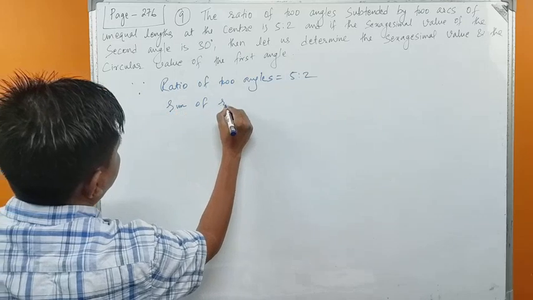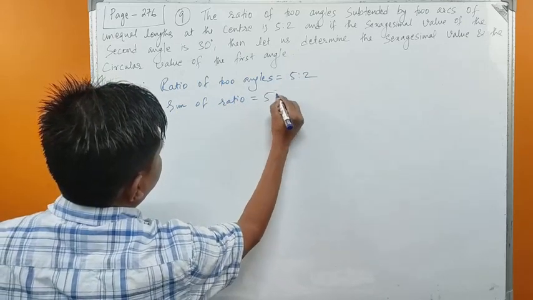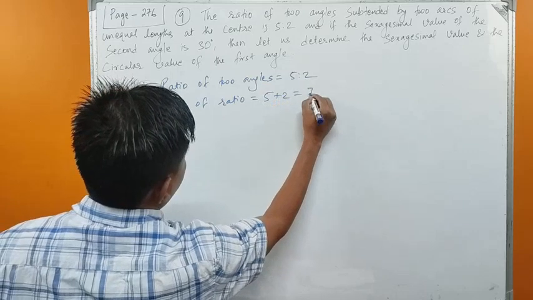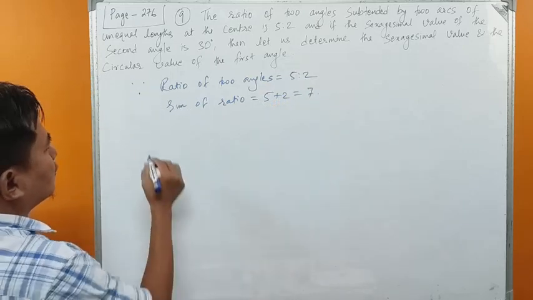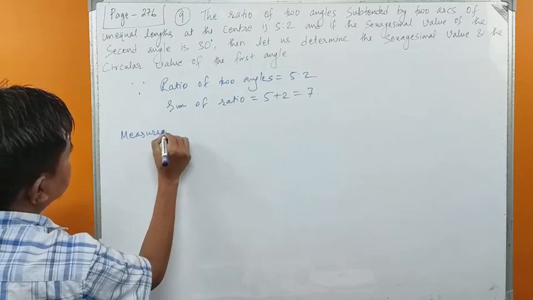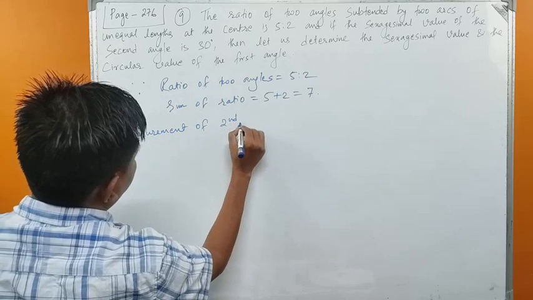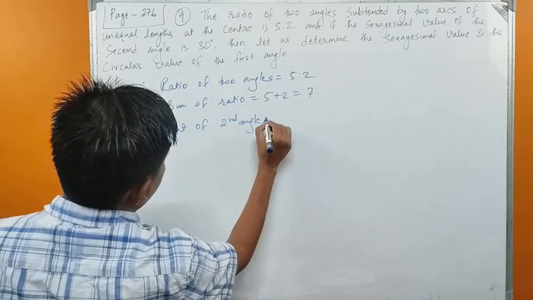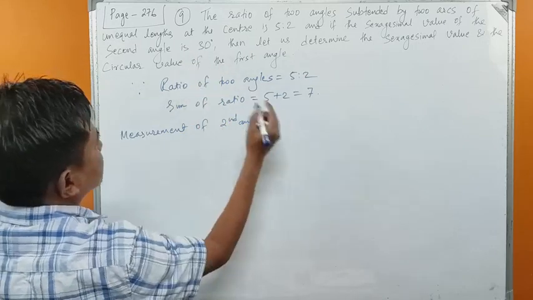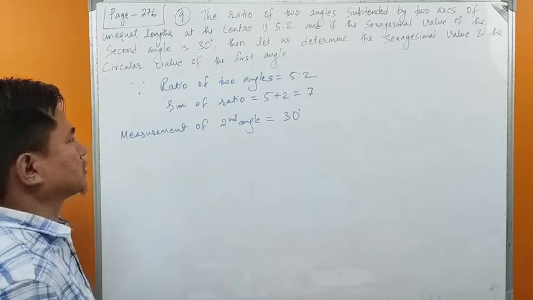Sum of ratio equals 5 plus 2, this gives us 7. Now measurement of second angle. Measurement of second angle given to us is 30 degrees, isn't it? Sexagesimal measurement of the second angle is 30 degrees. This is given to us.